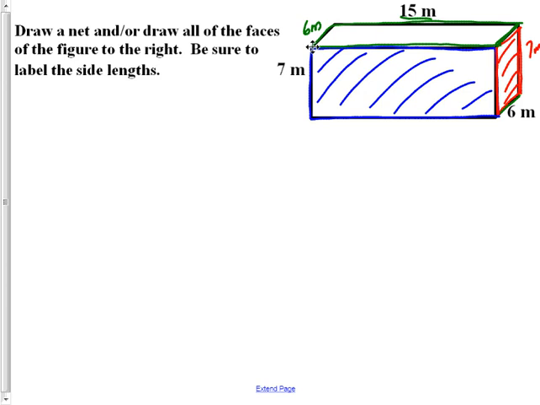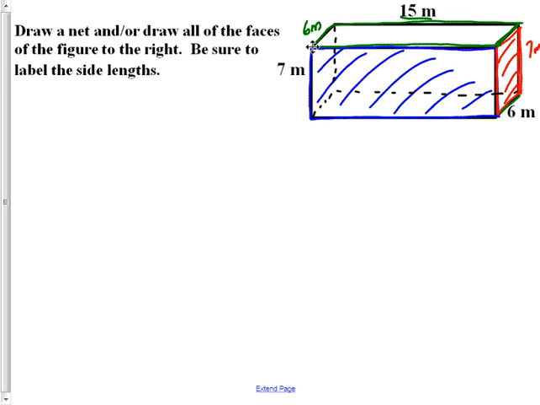Since it's a rectangular prism, I'm actually going to have 6 faces, not just 3. So notice I'm going to have a back and a front that are congruent, 2 sides which are congruent, and the top and the bottom which are congruent.